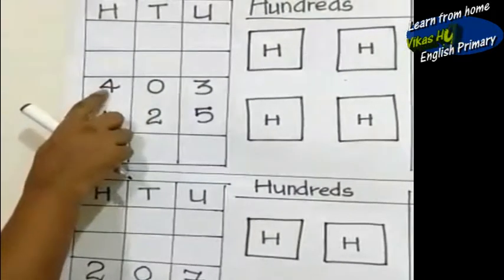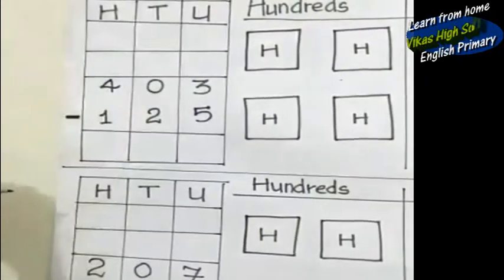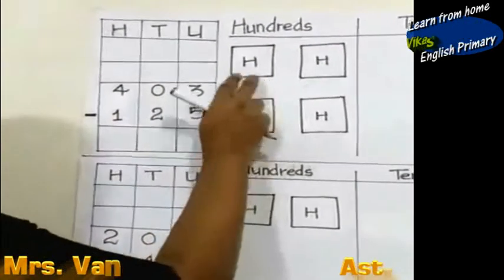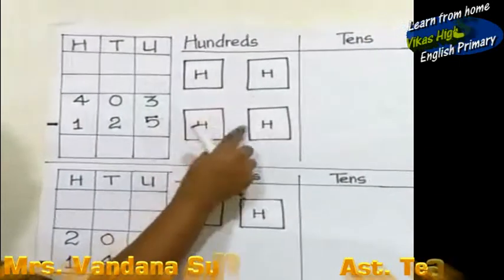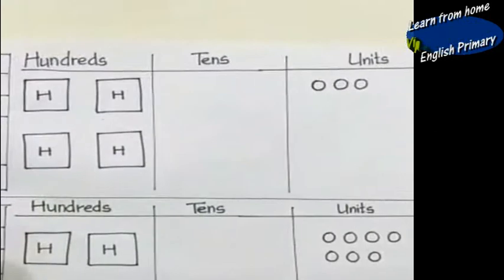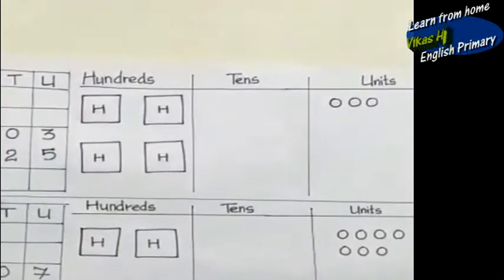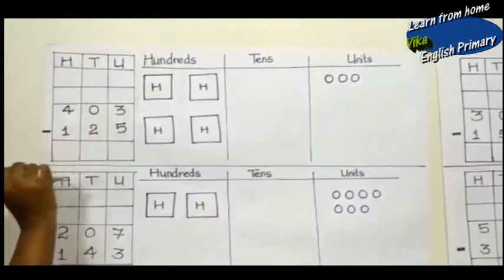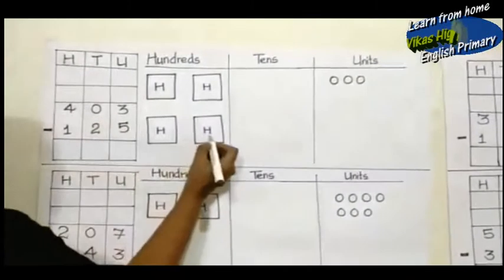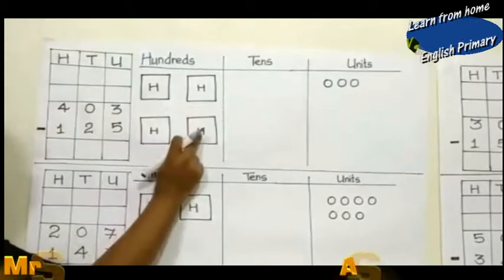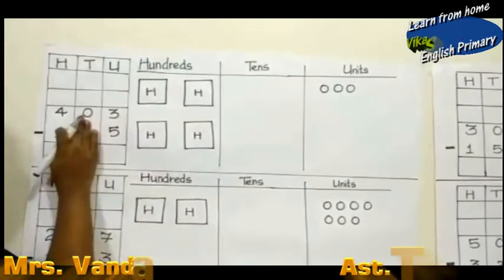In the hundreds column, we can see the digit 4. So 403. Now, if you see here, these are 4 hundreds, 0 tens and 3 units. Now, what we'll have to do is first from the hundreds column we'll have to borrow to the tens column, and then from the tens column to the units column. So let us see how it goes. From these 4 hundreds, I have to borrow 100 to the tens.